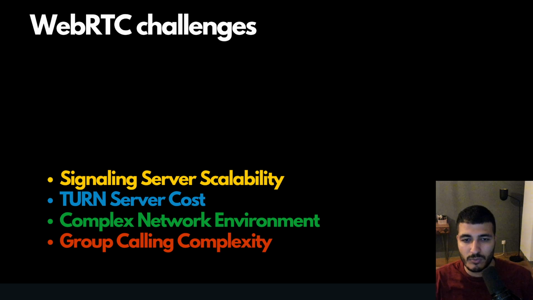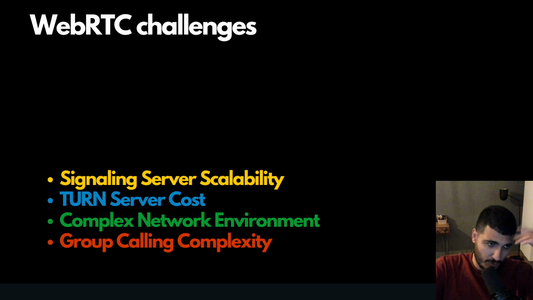For larger groups, you will need specialized architecture like SFU, which is Selective Forwarding Unit, and MCU, I guess Multipoint Control Unit, but this is beyond the scope of this video, so we'll not talk about them that much. You just need to know that group calling is not that easy. It's pretty complex. And that's it.